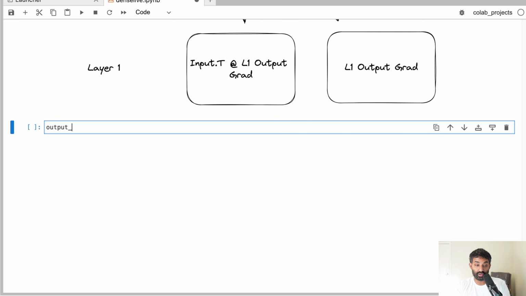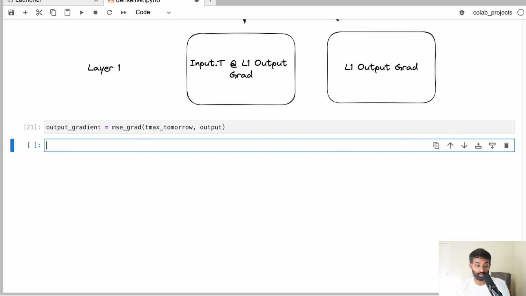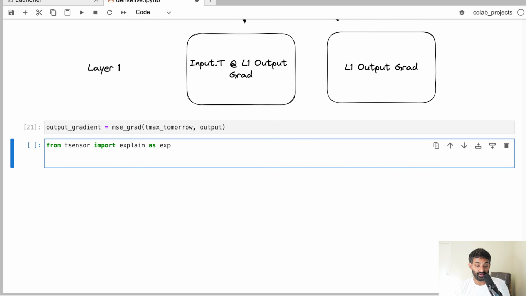So first we will assign a variable called output gradient, which is going to be the MSE grad, just Tmax tomorrow and output. So this is just our gradient that we're calculating with the MSE grad function. And then, so I don't have to keep typing out tsensor, I'm just going to have a little shortcut for it.